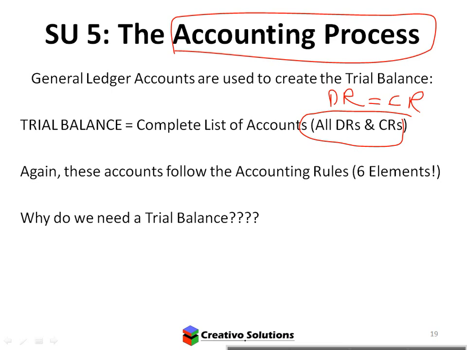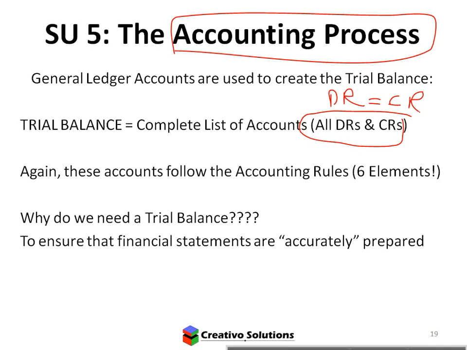If it doesn't, then there's an error. There's a mistake. So we need to check. We're not going to draw up statements if we have errors. Statements need to be accurate. We need to do the trial balance to check that. You're not going to draw up a trial balance. You'll be given a trial balance.